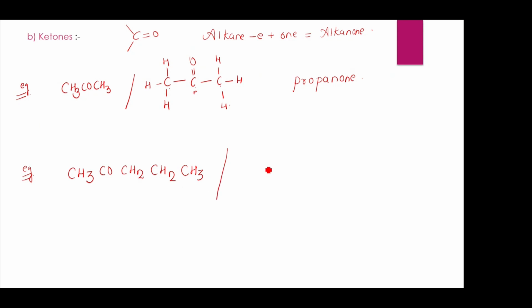Or you can write the full structural formula: CH3, C double bond O, CH2, CH2, and CH3. Here the continuous carbon chain is five carbons long: 1, 2, 3, 4, 5. So the word root will be pent, and the functional group is ketone, so the secondary suffix will be one.